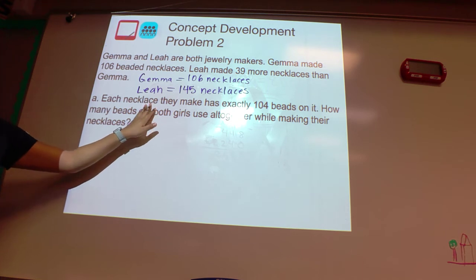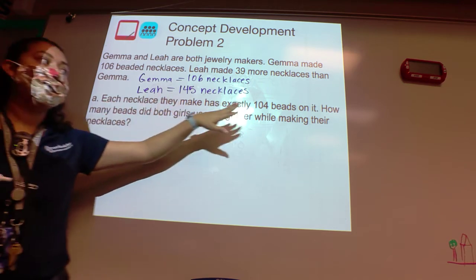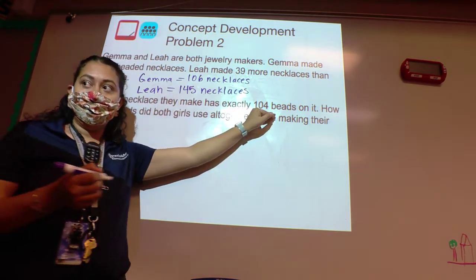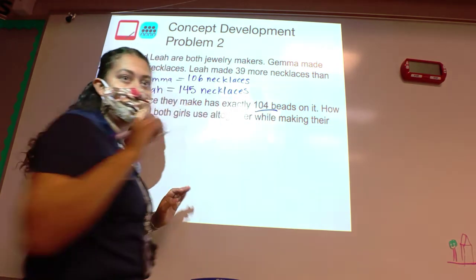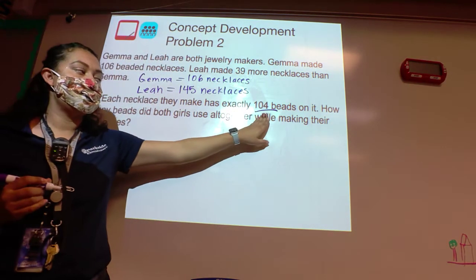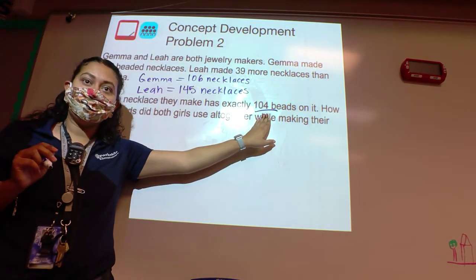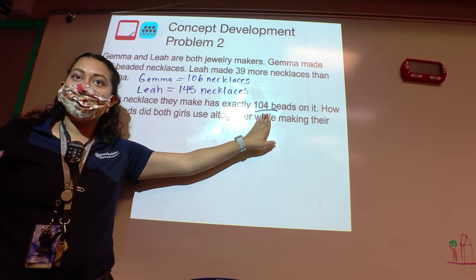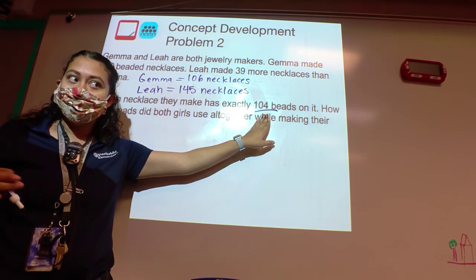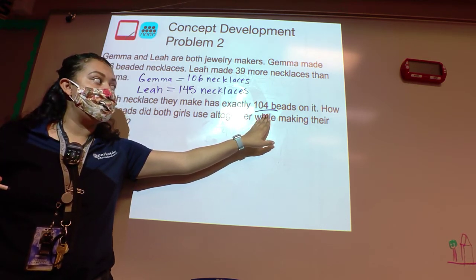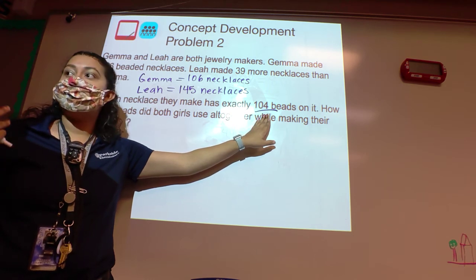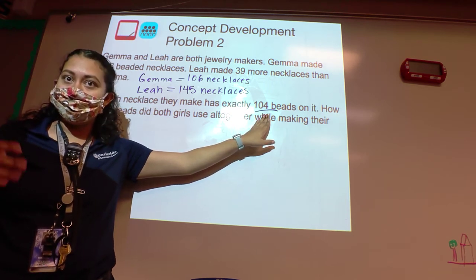Each necklace has 104 beads. So one necklace will have 104 beads. So two necklaces would have 208 beads. Three necklaces would have 312 beads. Does that make sense?